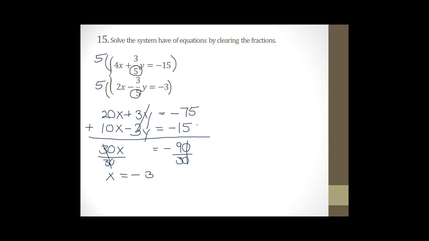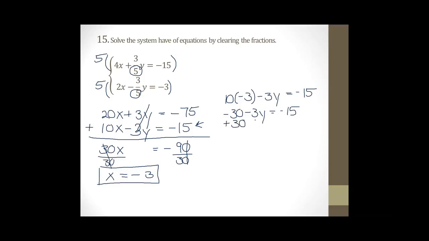I'm going to choose the second one because it just has smaller numbers, and I'm going to plug in my x value. So I got 10 times negative 3 minus 3y, which is equal to negative 15. 10 times negative 3, so negative 30 minus 3y, which is equal to negative 15.